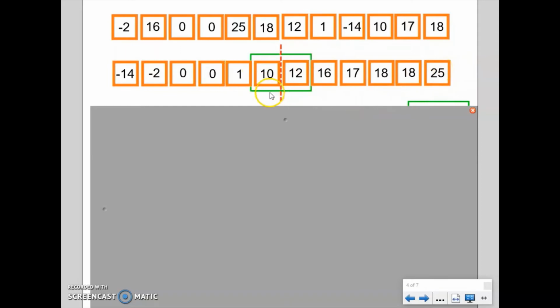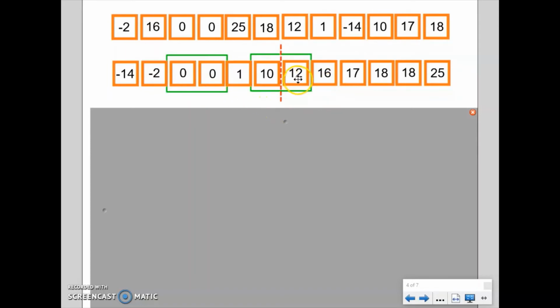So now I'm going to look at these 6 bits of data, minus 14, minus 2, 0, 0, 1, and 10. And I'm going to go ahead and find the middle value. When I find the middle value, again, I'm left with 2 bits of data, 0 and 0, the midpoint of which would be 0. So Q1, my lower quartile of this data set, would be 0.